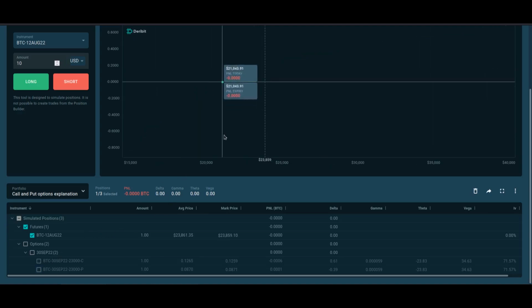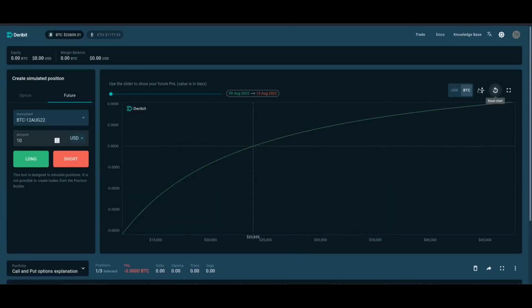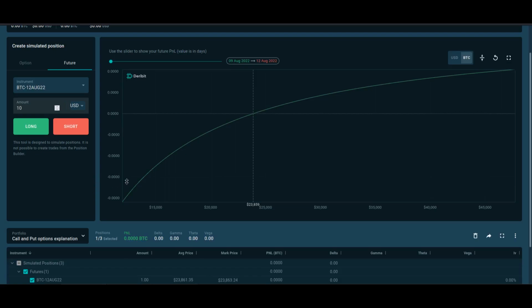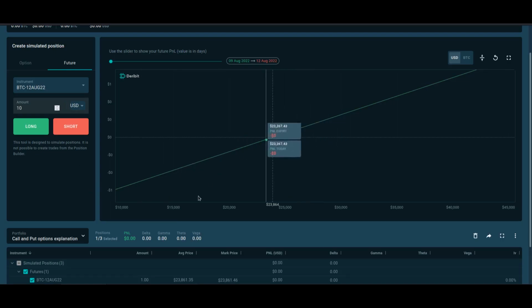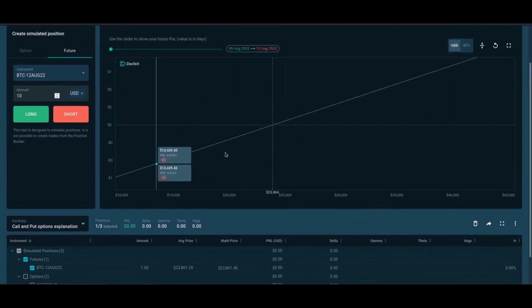I don't know why it looks how it looks, because it's very weird; the underlying asset should have a chart like this. It basically has delta 1 if you buy a future, but we can see this delta is equal to 0. Probably it's a glitch of the platform, of the position builder.